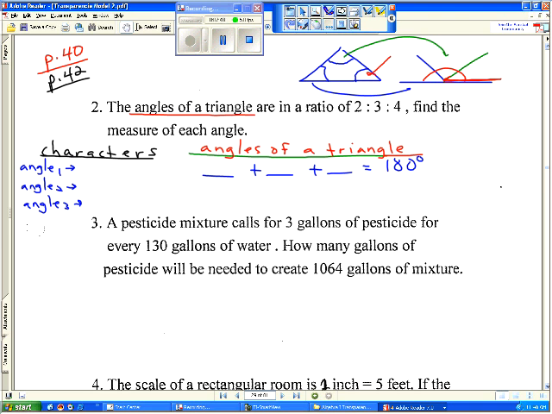Or what do we do if we can't use substitution? Use special rules to name them in terms of the same variable. There's 4 special rules. The first 3 are on page 42. What's the first 3? Consecutive, consecutive even, consecutive odd.